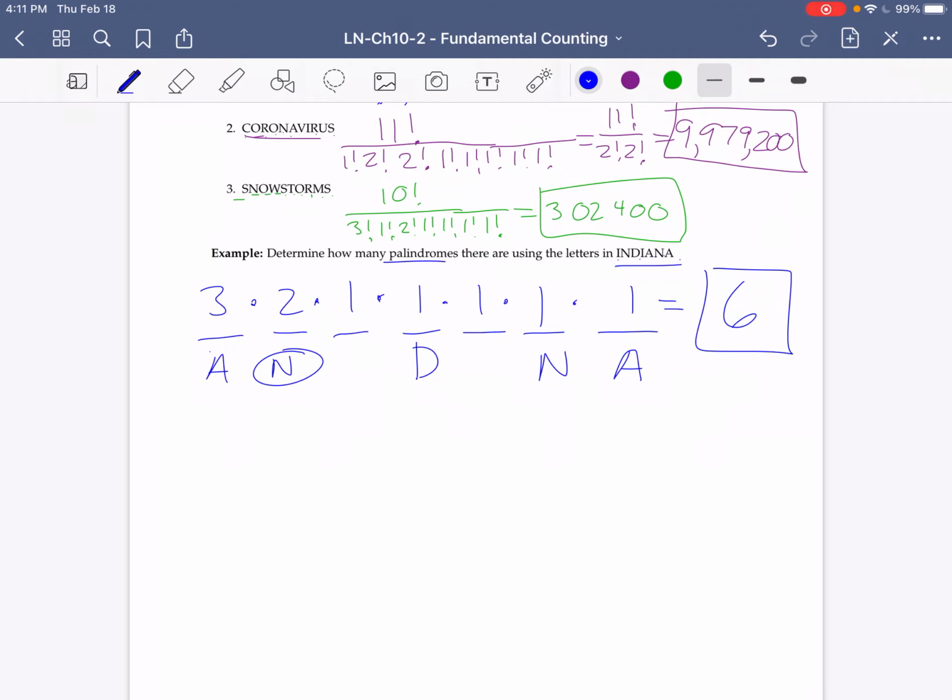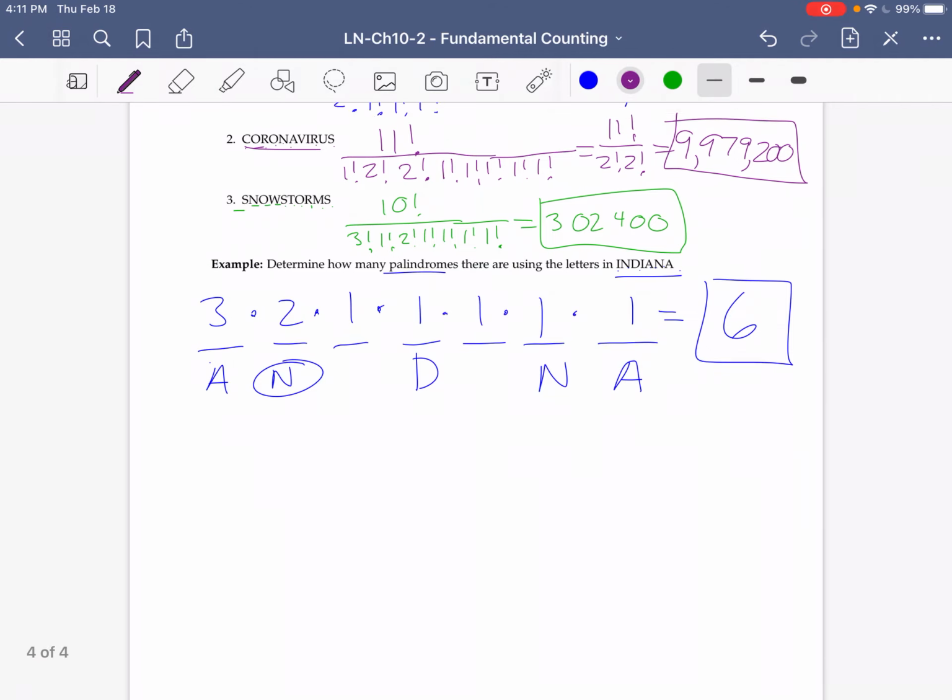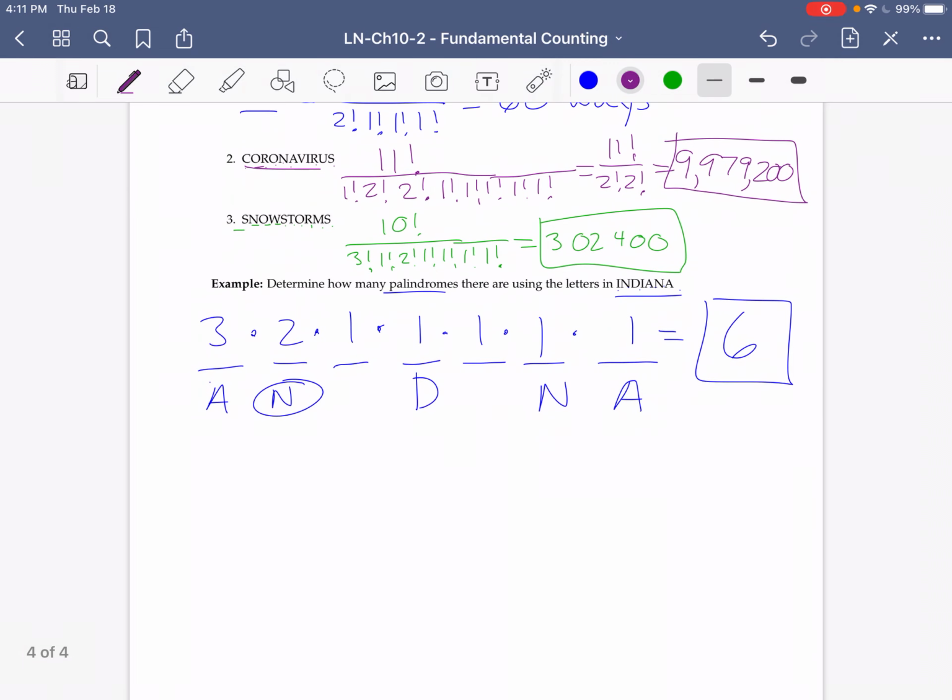Now, the number of different arrangements of the letters in Indiana. If we wanted to do a question like up above, we'd say we have 7 factorial, then 2 factorial on the bottom 3 times, and then a 1 factorial.